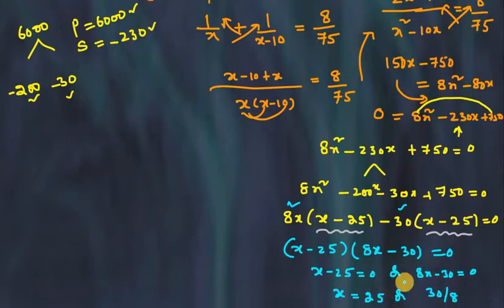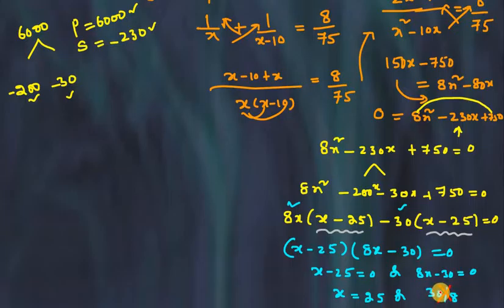Now in these two solutions we can discard this fraction. Why? Because the second tap is taking 10 hours less than the first, but this value is already less than 10 hours.